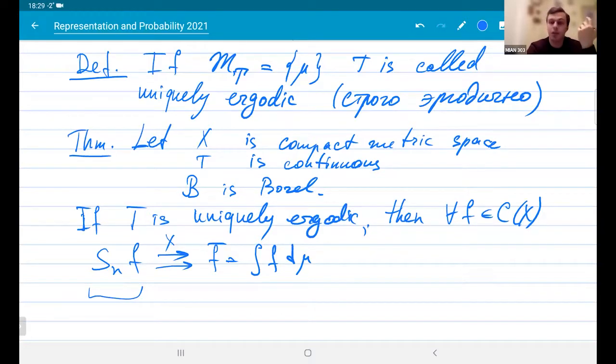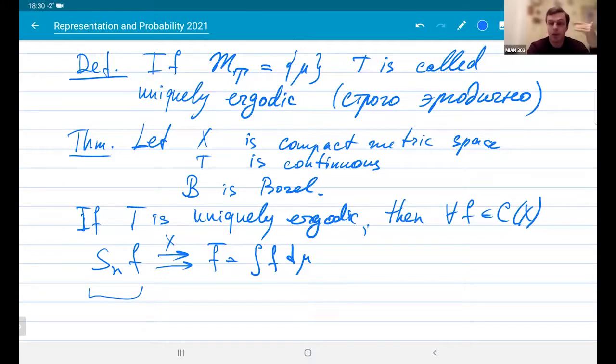And here you started with just one point, and so you take thinner and thinner subsequences of natural numbers.